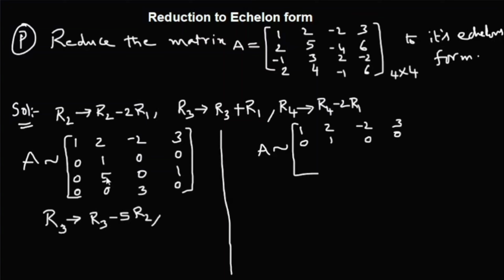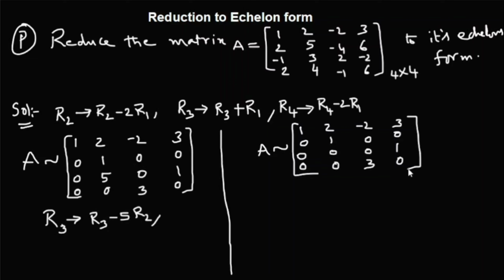So this 5 minus 5 is 0. This is already 0 and this is also 0 now. And this minus this 0. 1 minus 5 into 0 is 1. And this one, last row, you are not doing anything to this row. You write it as it is.